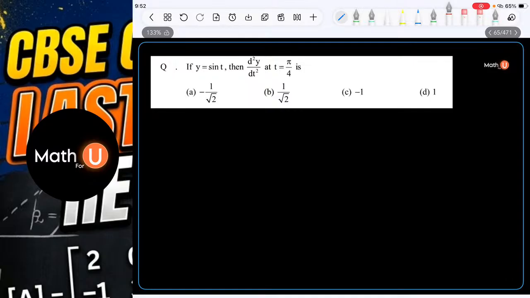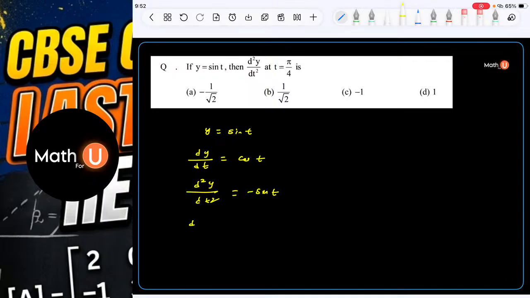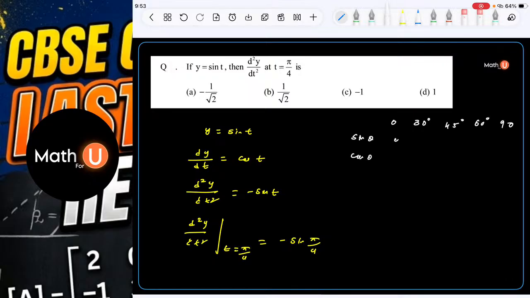Okay, next this question. y is equal to sin t, dy by dt is equal to cos t. Again differentiate with respect to t, we get minus sin t. Then d square y by dt square at t is equal to pi by 4 is equal to minus sin pi by 4, sin 45 degree. You should know the sin theta and cos theta values for angles up to 90: 0, 30, 45, 60, 90 degree give 0, 1 by 2, 1 by root 2, root 3 by 2, 1.